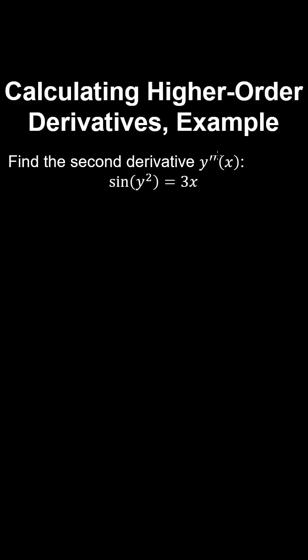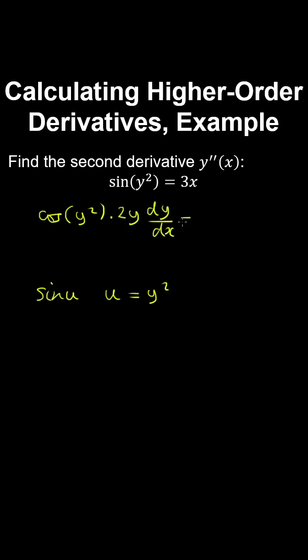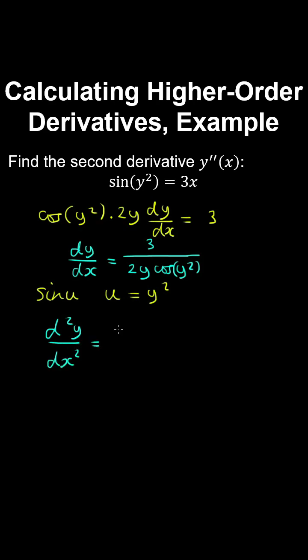Let's obtain a second derivative of y with respect to x. So using implicit differentiation, we can see that this is sine u, where u is equal to y squared. So using the chain rule, we differentiate with respect to u, and then multiply by du dx. That'll be 2y dy dx. And that's equal to 3. And now we can write the first derivative. And using the quotient rule, we can obtain a second derivative. So we keep the lower function constant, and differentiate the upper function, and then minus the upper function by the derivative of the lower function.